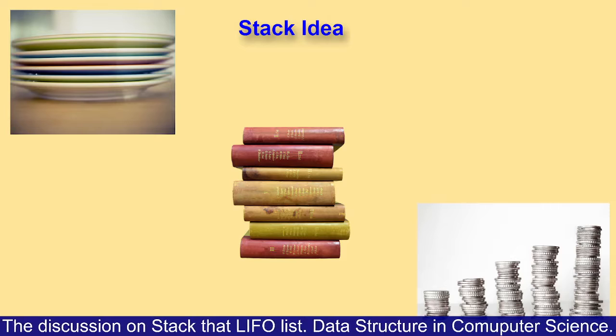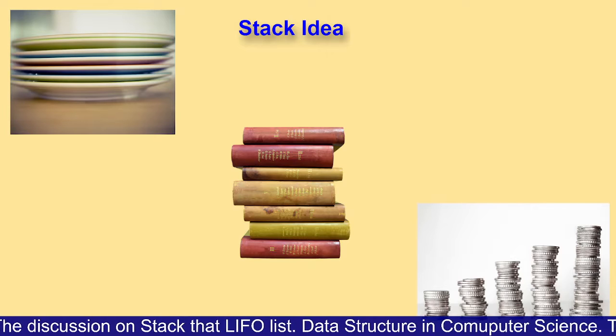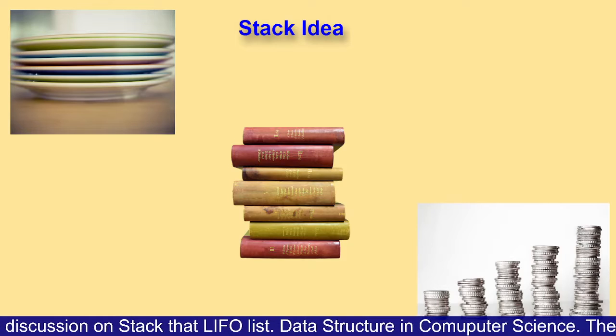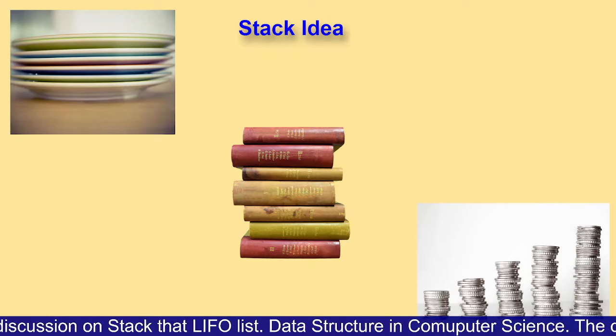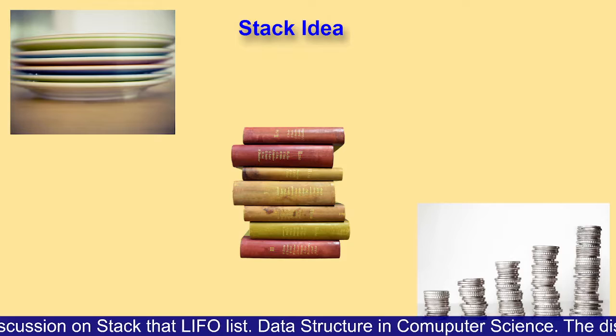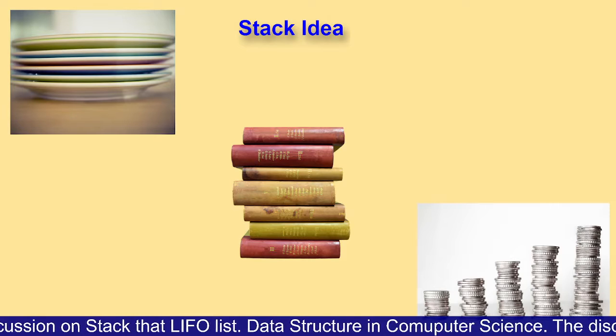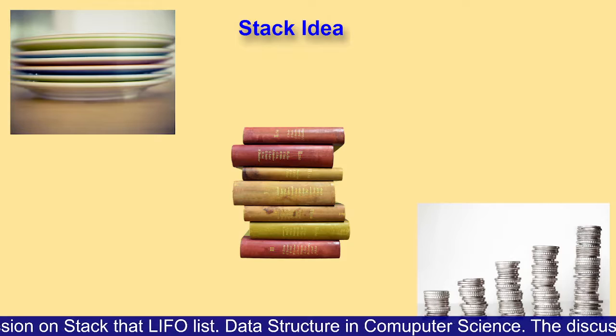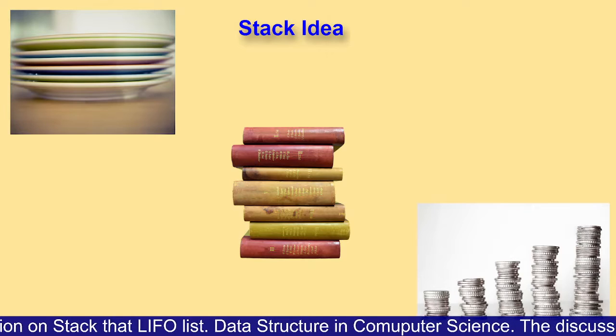And in the coin collection, if you put one coin on the base or on the table, and when you take a second coin, the second coin will be placed on top of the first coin, then a third coin, then a fourth coin, and this way you can create the complete stack.